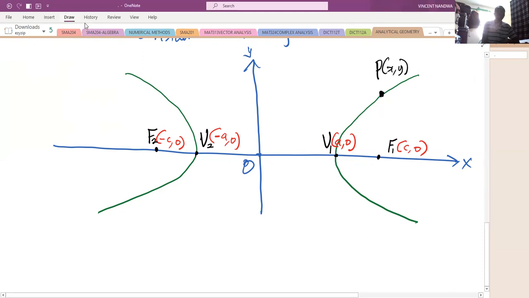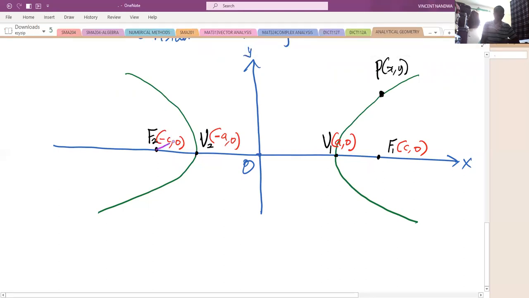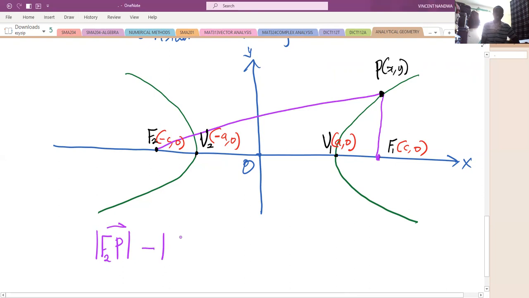So we can join P to F1 and F2. So this is what we'll have. Join F2 to P, and then F1 to P. So from the definition, they're saying that the absolute distance F2P minus the absolute distance F1P should give us a constant.